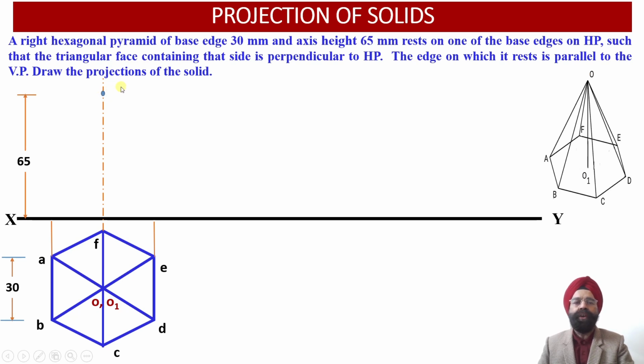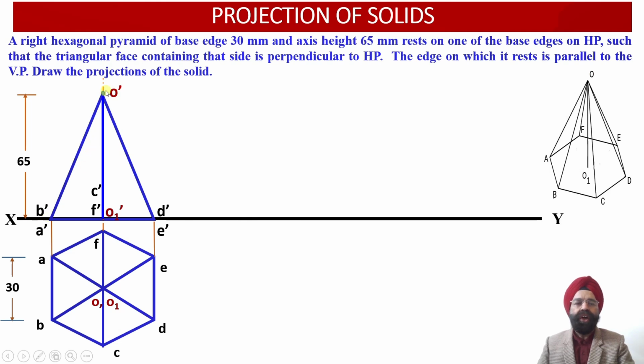The moment we locate this point O dash, we can proceed to join O dash B dash, O dash A dash, O dash C dash, O dash F dash, O dash D dash and O dash E dash over here. And this is the axis point of the base, O1 dash.